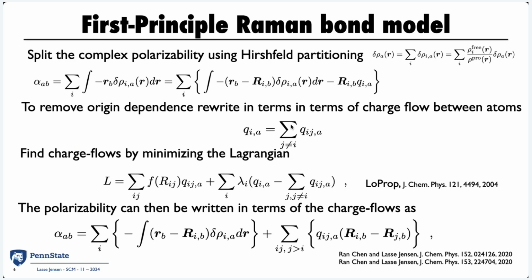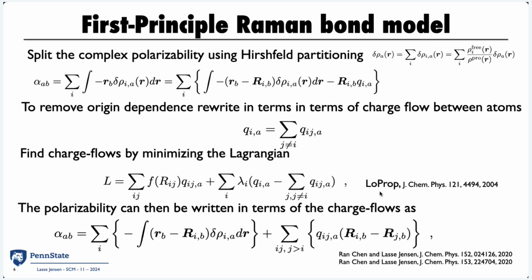There are many more charge flows than there are charges. We do this by minimizing a Lagrangian. This is basically a way of saying that we're going to force all the charge flow to go through the bonds of the system. We define bonds using covalent radii of each of these atoms.